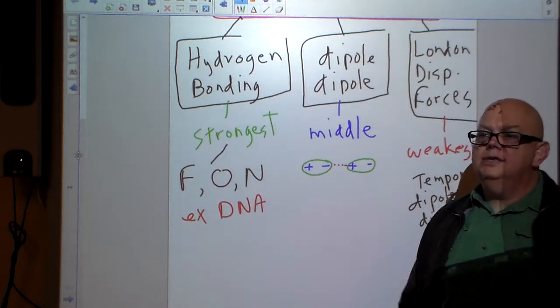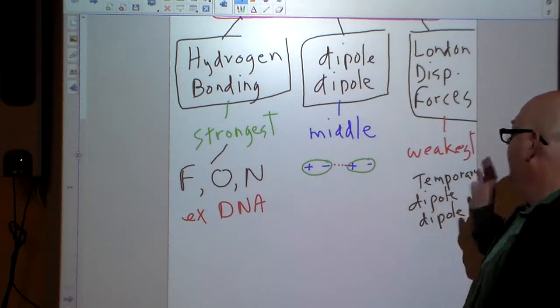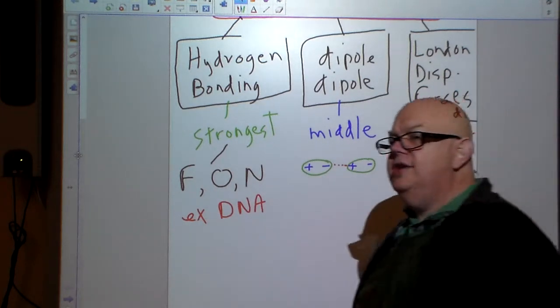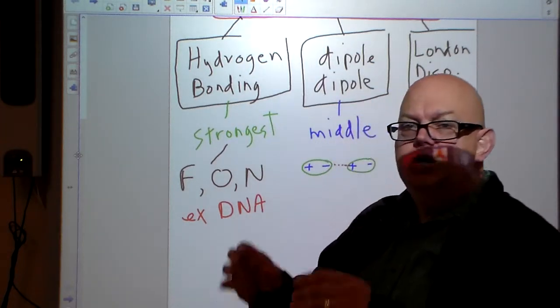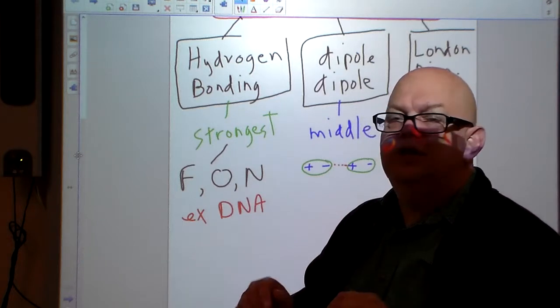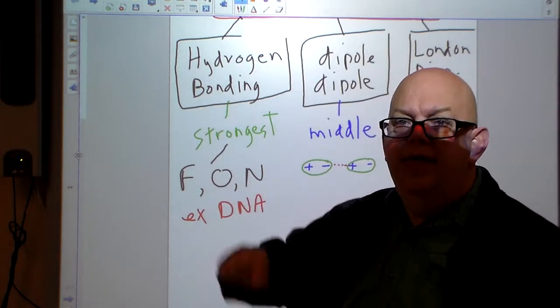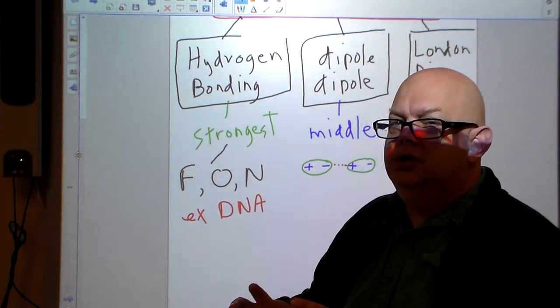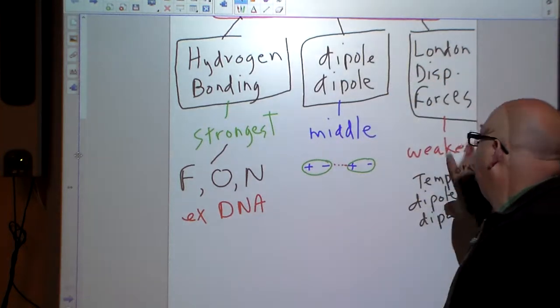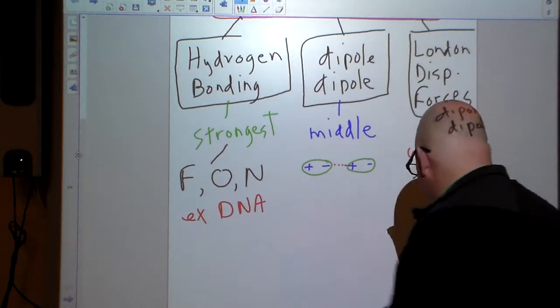Dipole-dipole, yeah, you're friends. You're not necessarily close, but you're friends. And the London dispersion forces, think of it as a flash mob, where you have a group of people who meet in one location at one time, they're together for 10 minutes, and then they disappear. And then they meet somewhere else at a certain time. So they're all gathered there. And that's what's happening with the London dispersion forces.